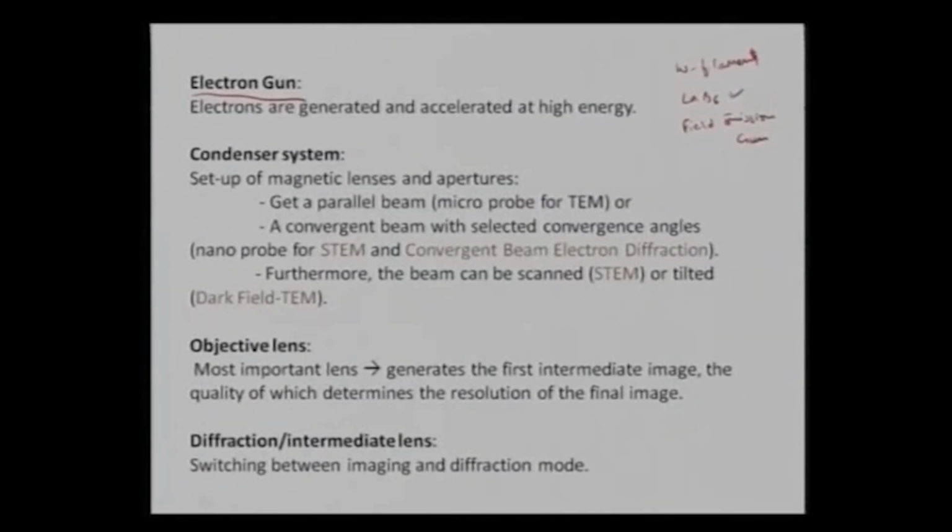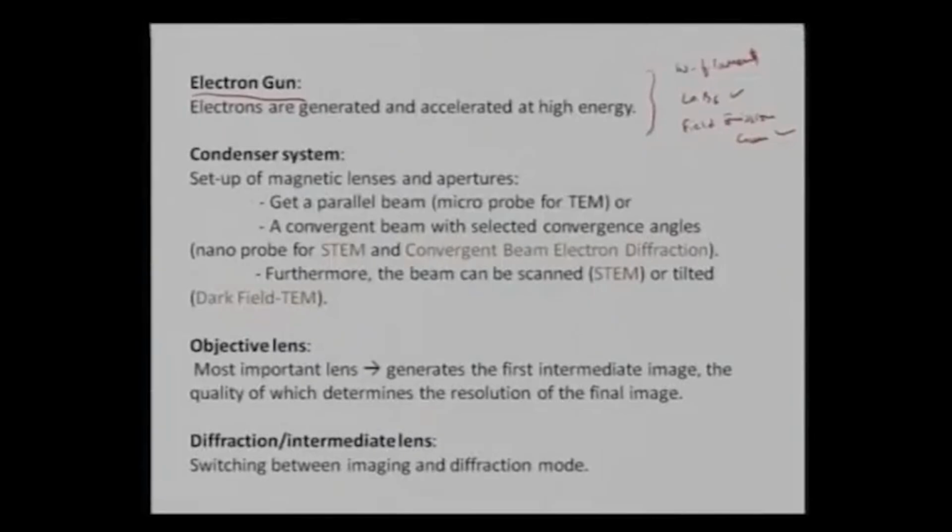LaB6 can improve the intensity of the electrons. Similarly, a field emission gun can enhance the intensity of electrons to a very high extent, and the beam size also reduces to a very fine size. So there are ways we can utilize all those sources to generate the electrons, so that they can come and interact with the specimen.